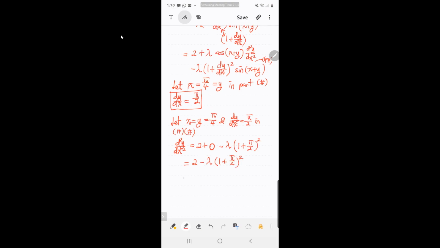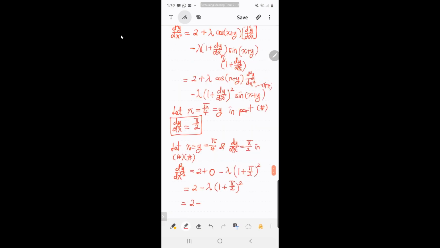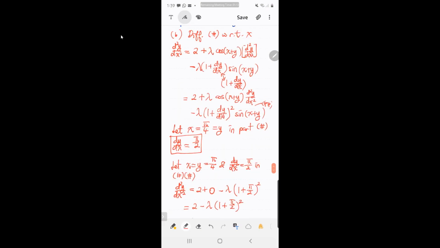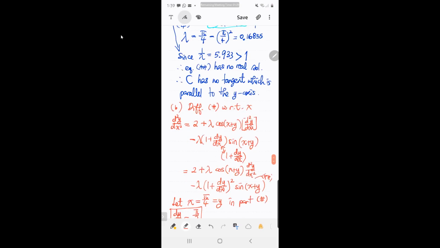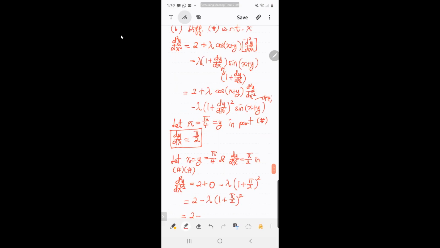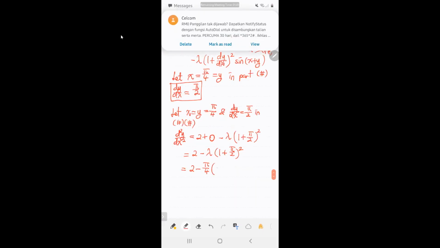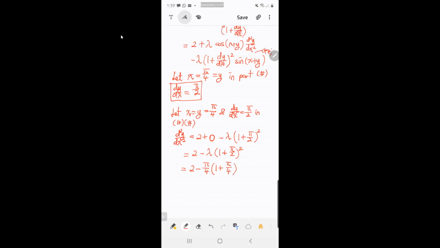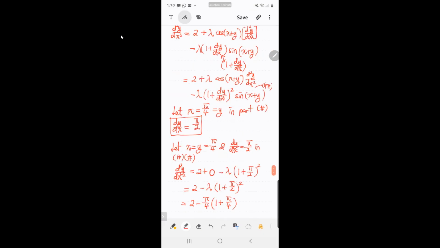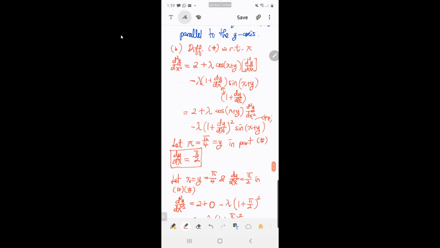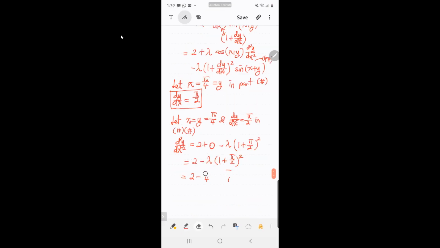So you simplify further, put in the value of lambda, and now they want the exact value of lambda. The lambda that you obtained just now was pi over 4 minus pi over 4 squared. So in other words, it is pi over 4 bracket 1 minus pi over 4, sorry, minus pi over 4 plus pi over 4 in the bracket squared.